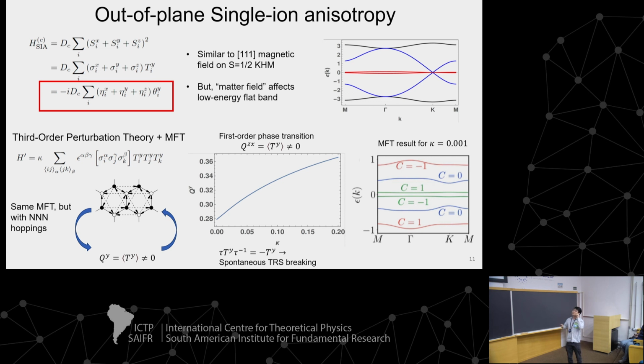We can still do a third order perturbation theory, a la Kitaev, and then do a mean field decoupling that will induce some kind of chiral spin liquid. We didn't do this, but maybe it's something to do later.